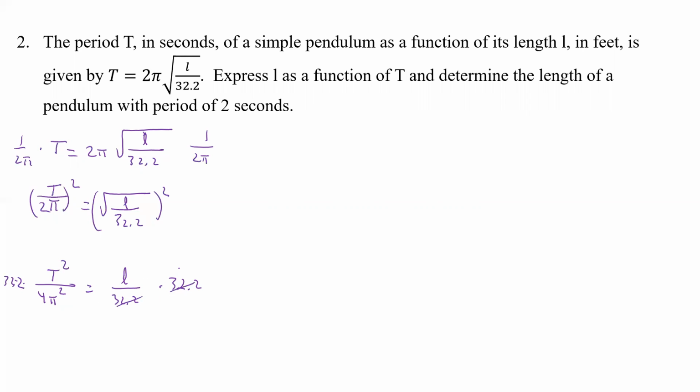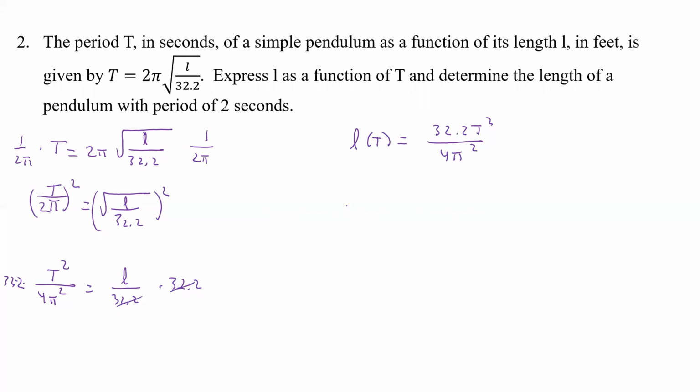Now 32.2 divided by 4. We could reduce it, but I don't know how useful it'll be. And we get L of t is equal to 32.2 t squared over 4 pi squared.